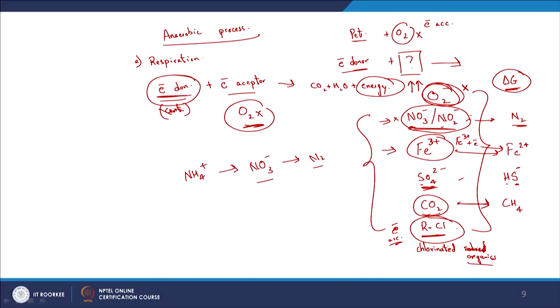So if you have PCE or TCE and you have oxygen present in your system, will the degradation take place, if you provided some organic compound? Let's look at this scenario: I have petroleum products or hydrocarbons, and I have PCE or TCE, the oxidized chlorinated organics.